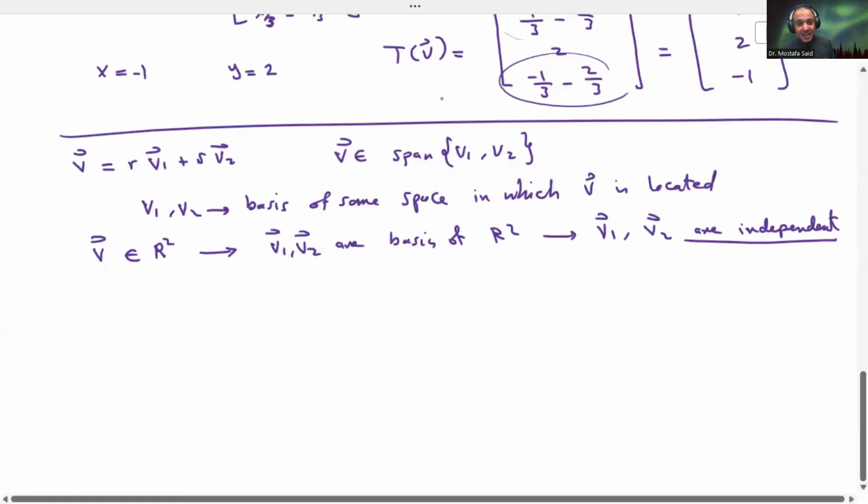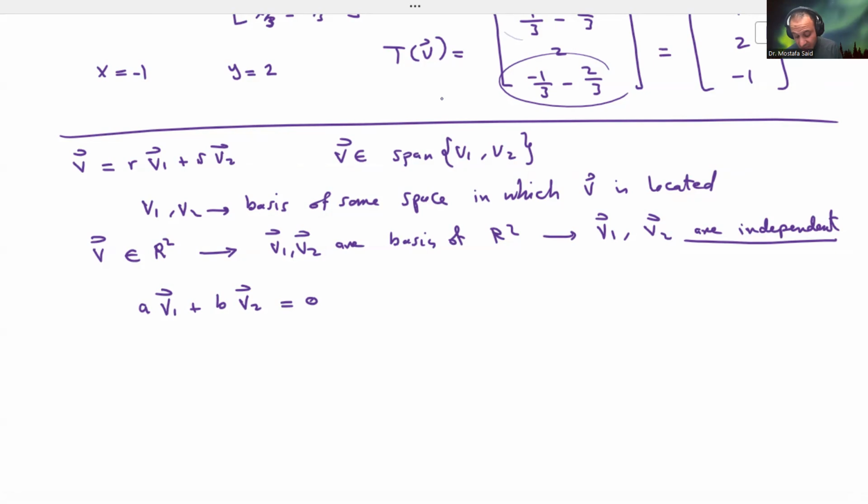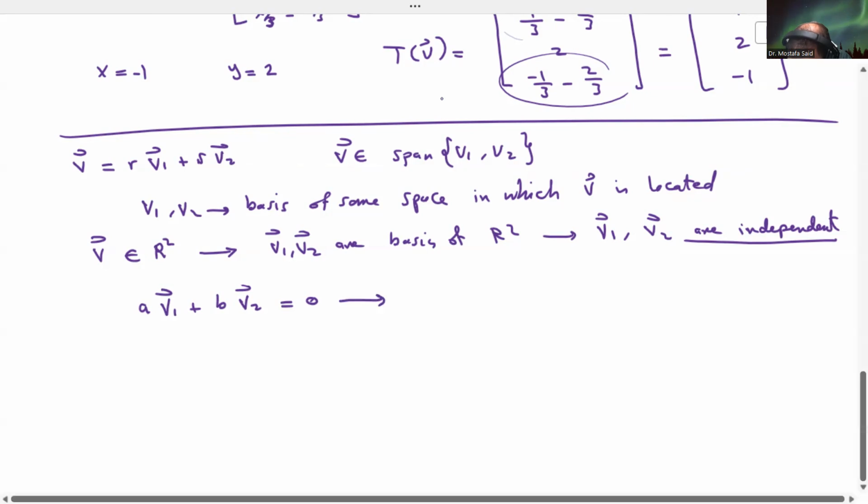So for any basis vectors, if we say a constant a times v1 plus another constant b multiplied by v2 equal to 0, this has only one solution, in which a equal to b equal to 0.